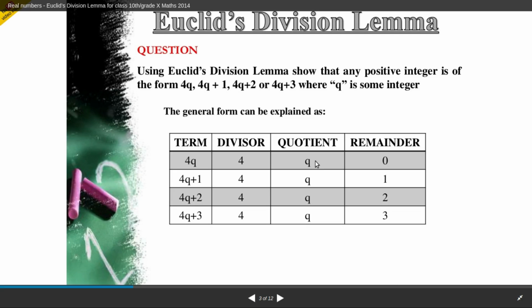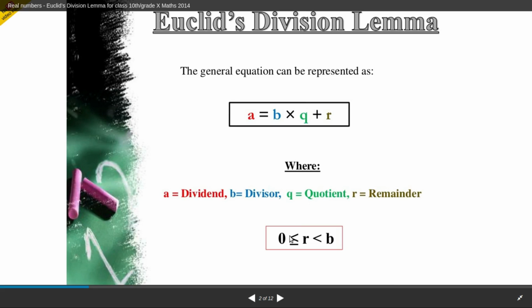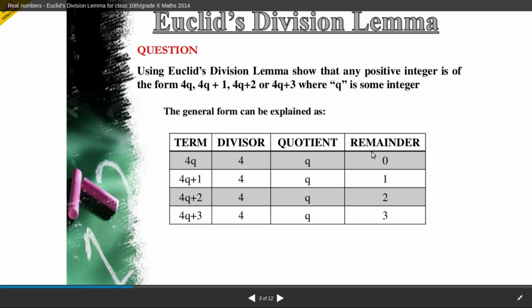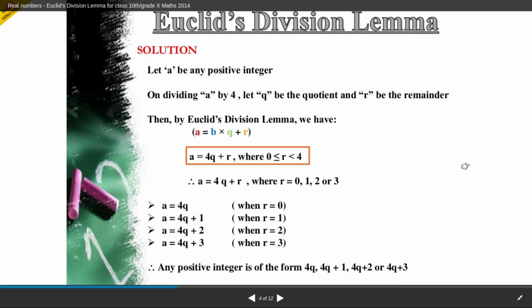Generally in all the problems we take q as the quotient and the divisor is whatever number is given, and the remainder value depends on the divisor. We know the remainder is greater than or equal to 0 and less than b. Here b is 4, so the remainder will be 0, 1, 2, 3, which is less than 4 and greater than or equal to 0.